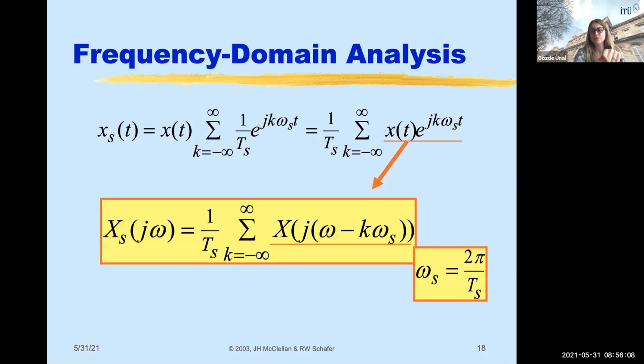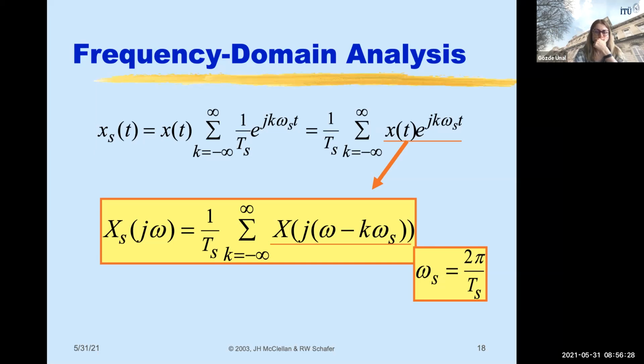Now we look at this on a picture. I think it will become clearer. Just remember this: infinitely many replicas of the same spectrum shifted to multiples k of the sampling frequency. This is important. That's why we have to pick the sampling frequency carefully.